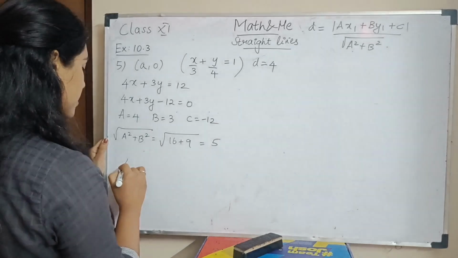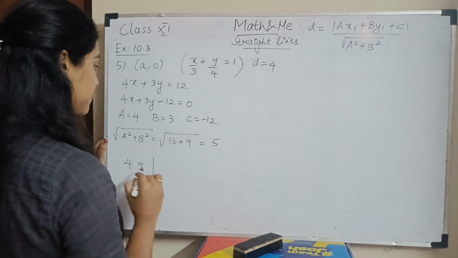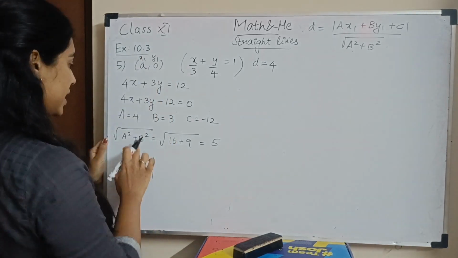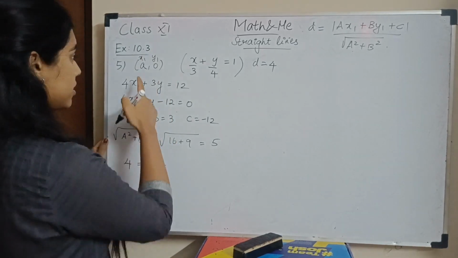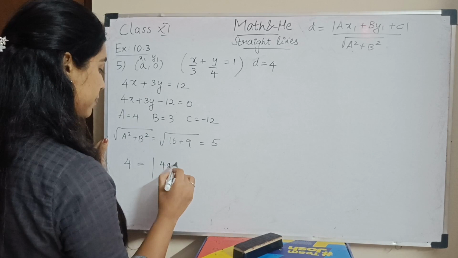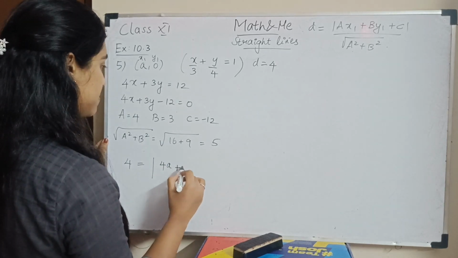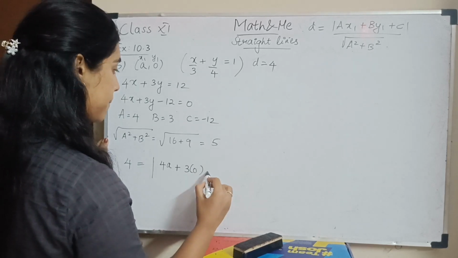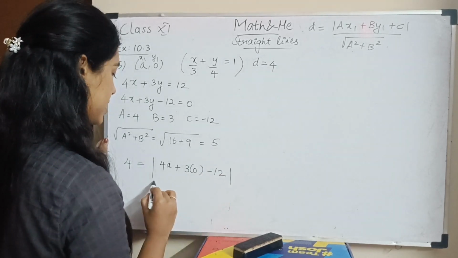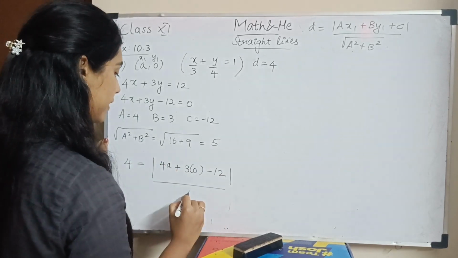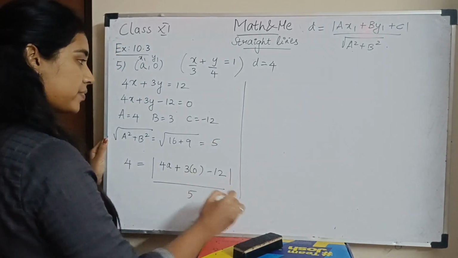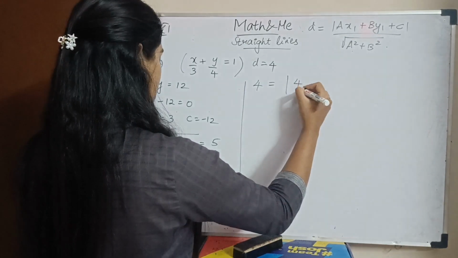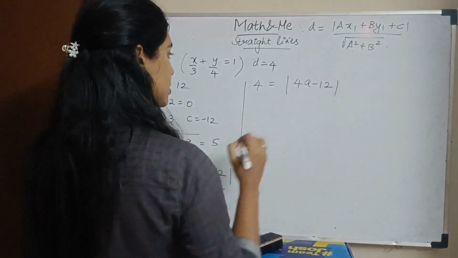Using the distance formula, 4 equals the modulus of a times x1 plus b times y1 plus c, divided by root of a square plus b square. What do I get? 4 equals 4a minus 12 over 5.